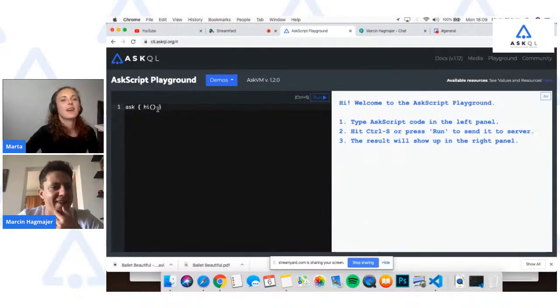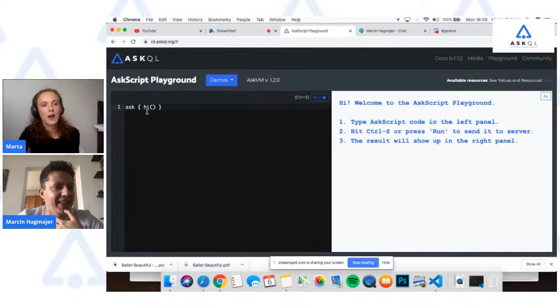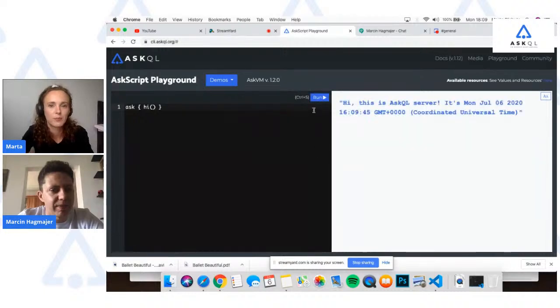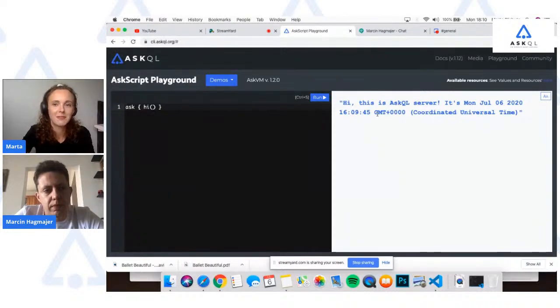Okay. So right here, we are asking for the value of the resource. We're asking for hi, right? And let's see what happens. We get "hi, this is AskQL server," and so on, and the date, today's date, and the time. That would be a resource because the program is asking for this, and this has to be computed, and this is the resource.